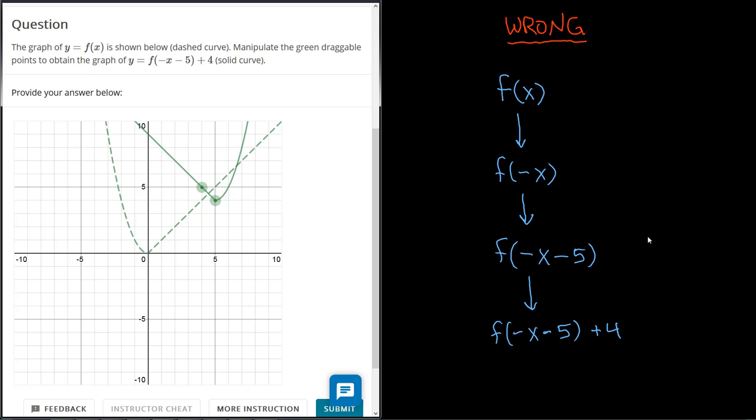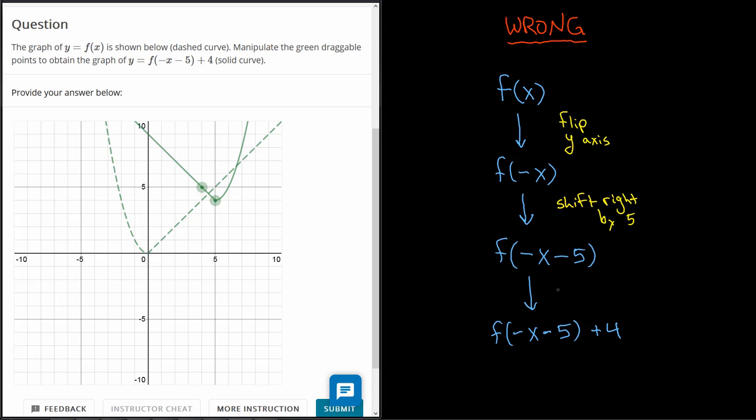Okay, so why don't I record in words? I probably should have written some words here to say what we were doing. So what this did was this flipped us across the y-axis. Then this was supposed to shift right by 5.